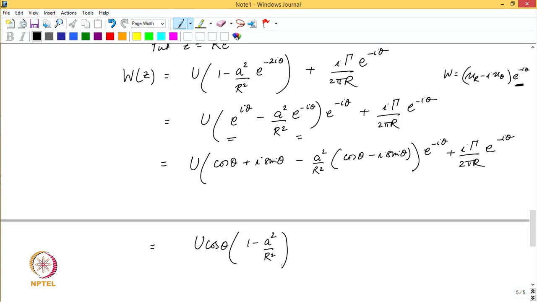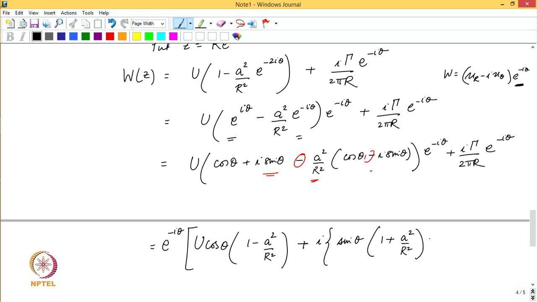Okay. The imaginary part will be plus iota times, and let me keep an e to the power minus i theta outside here, plus iota times we will have u sine theta times (1 plus a square by r square), which comes from: 1 comes from here, a square by r square comes with a plus because there is a negative sign here and that multiplies by this, so it gives us a positive sign.